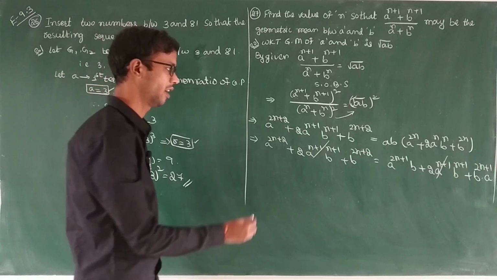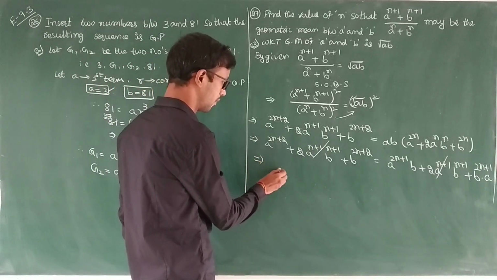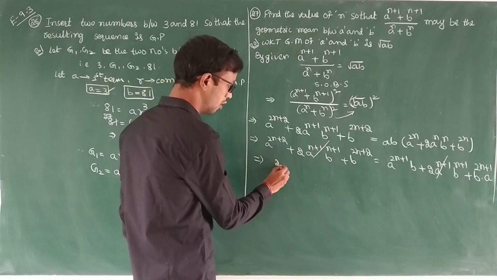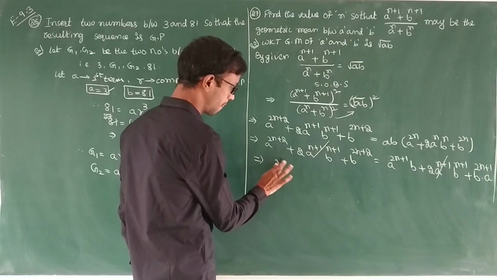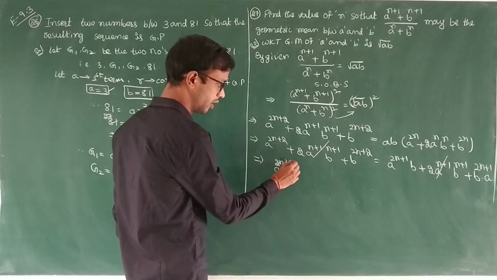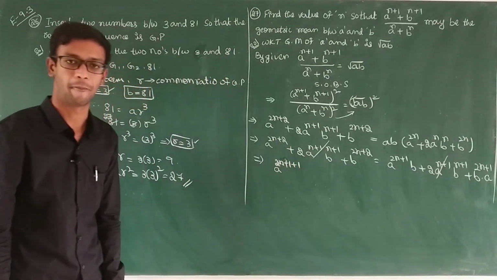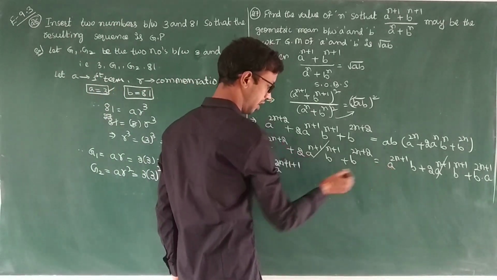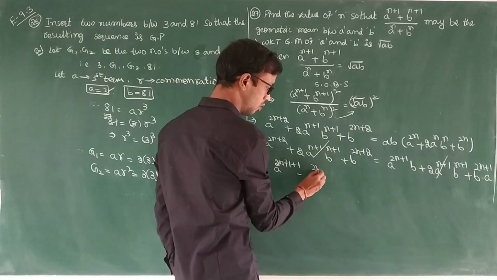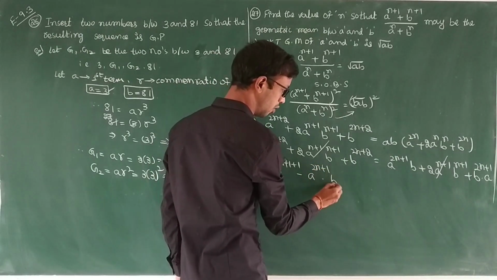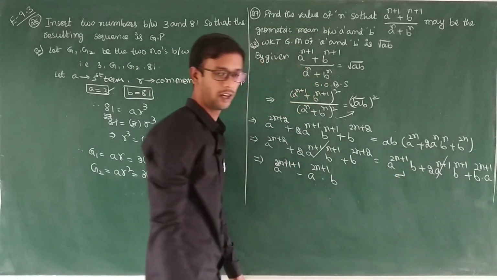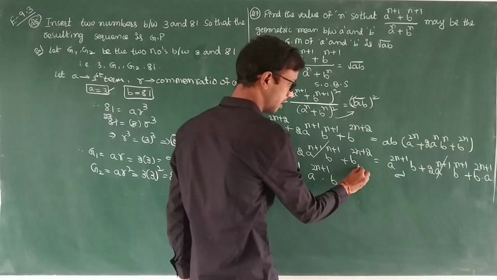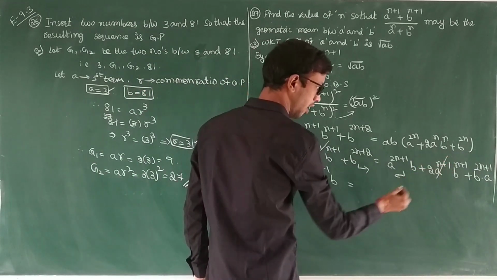And next I'll make that 2n plus 2, I am writing as 2n plus 1 plus 1. This 2 I am writing as 1 plus 1. Why? Because in the next step we can take the common. Minus 2n plus 1 into b. This one sent to the left side. Next, this one sent to the right side. How much is that?